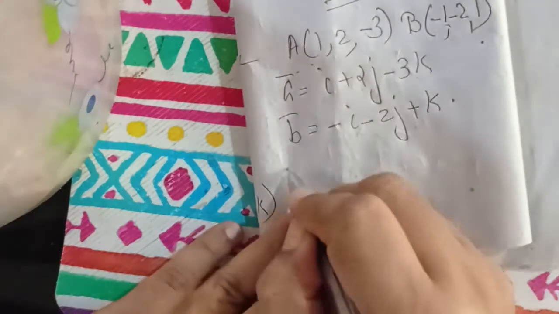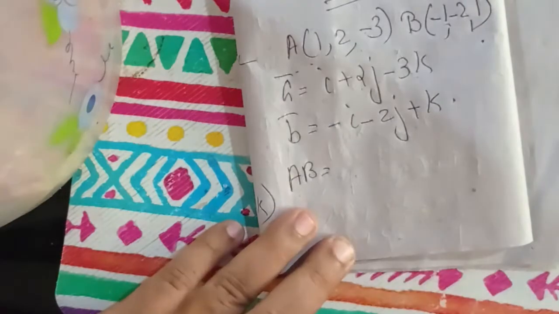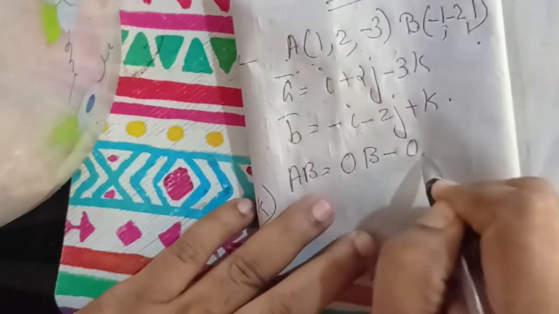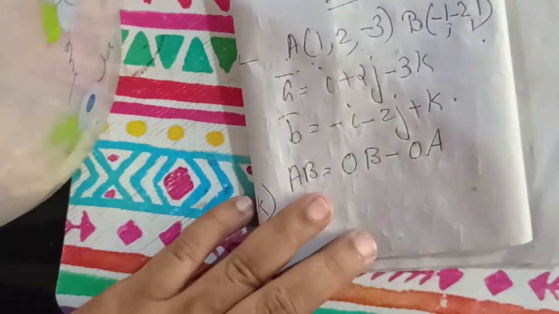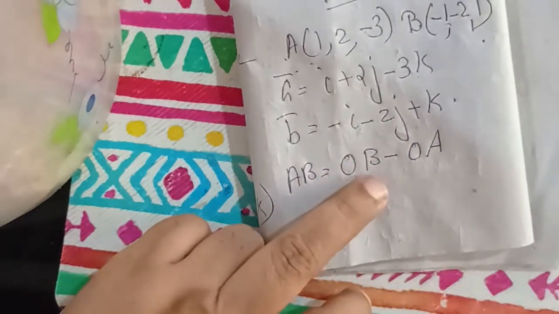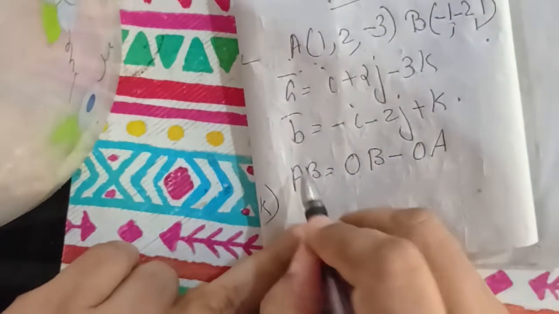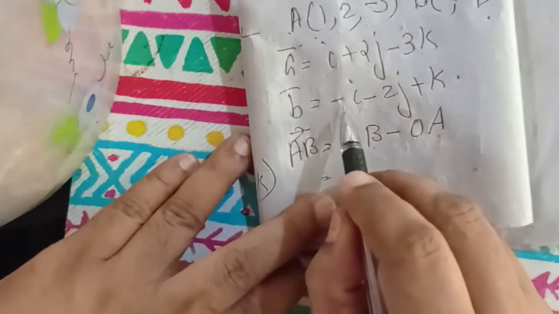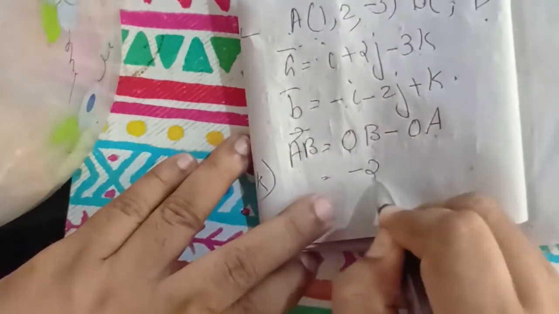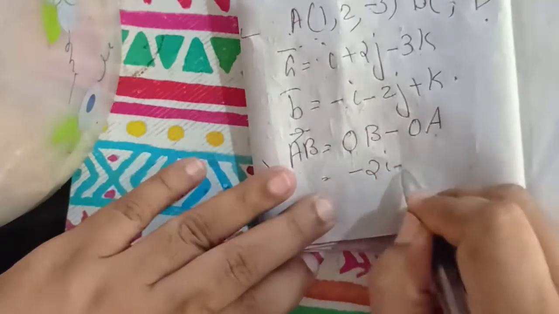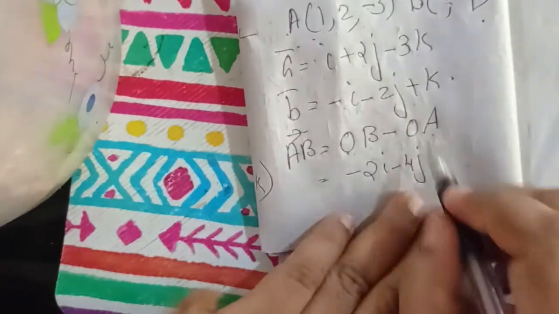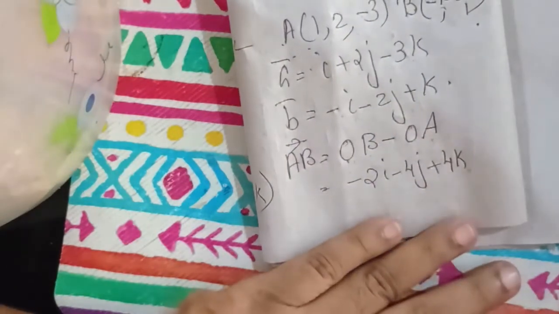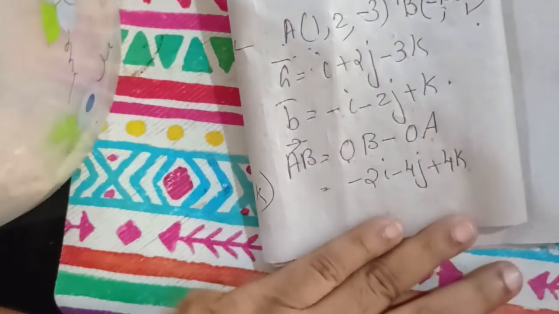Then AB means, can you say what is AB? OB minus OA. PQ means OQ minus OP. Position vector of B minus position vector of A. The vector AB means OB minus OA, so subtract: minus 2i minus 4j plus 4k.